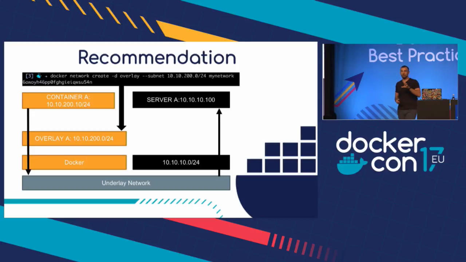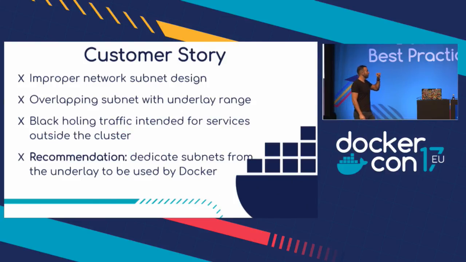This is a recommended best practice, so you don't fall into the problem where you have black holing happen because Docker thinks that you're trying to reach something within its network, while it's actually a service that's in your underlay infrastructure-based network. So it was due to improper network subnet design. We have overlapping subnets, and the recommendation is to dedicate subnets from the underlay to be used by Docker.